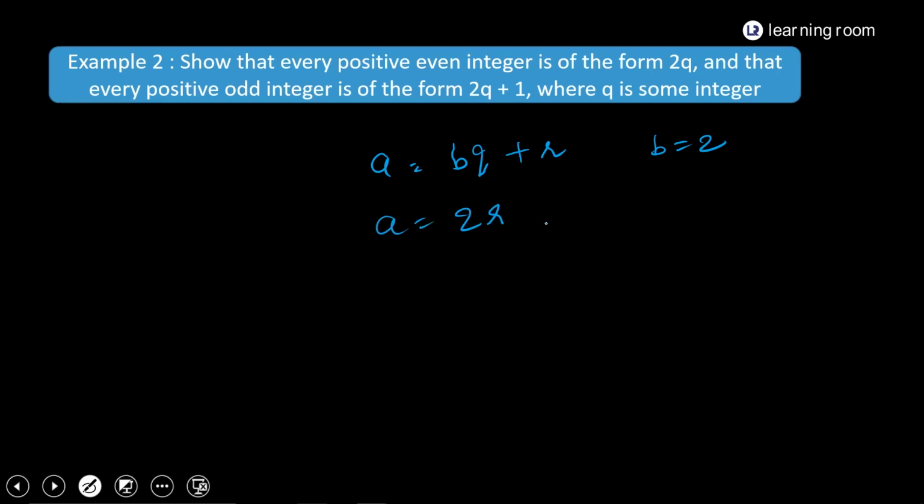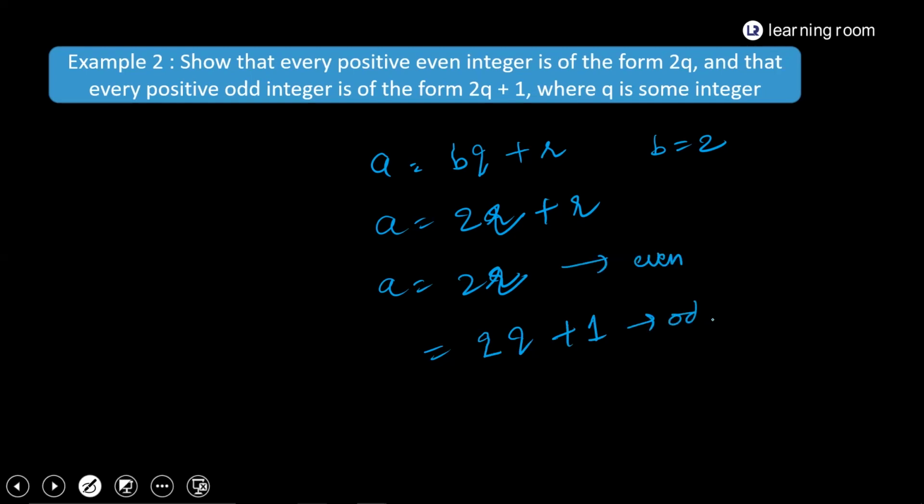What are the r values? 0, 1, not 1 and 2, right? It's not equal to b. So r values are 0, 1. If you substitute 0, a is equal to 2q. If you substitute 1, it's 2q plus 1. So 2q is even, 2q plus 1 is odd, right?